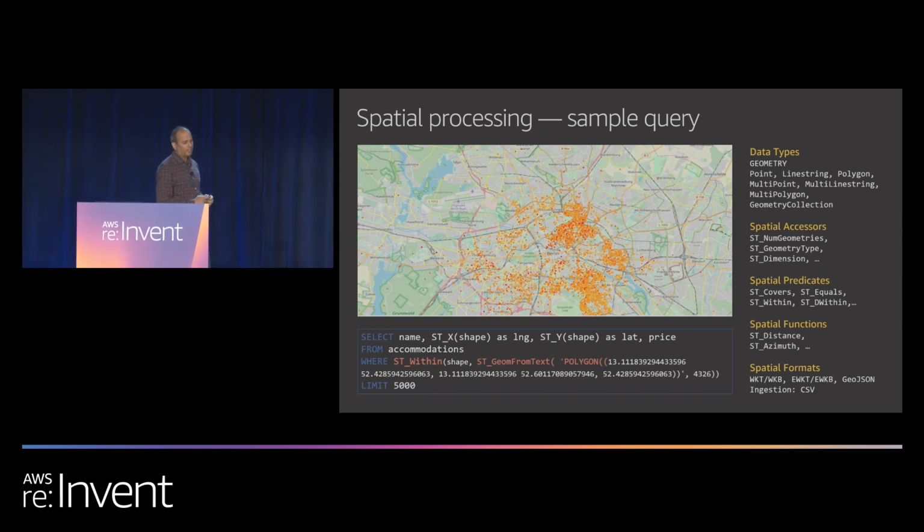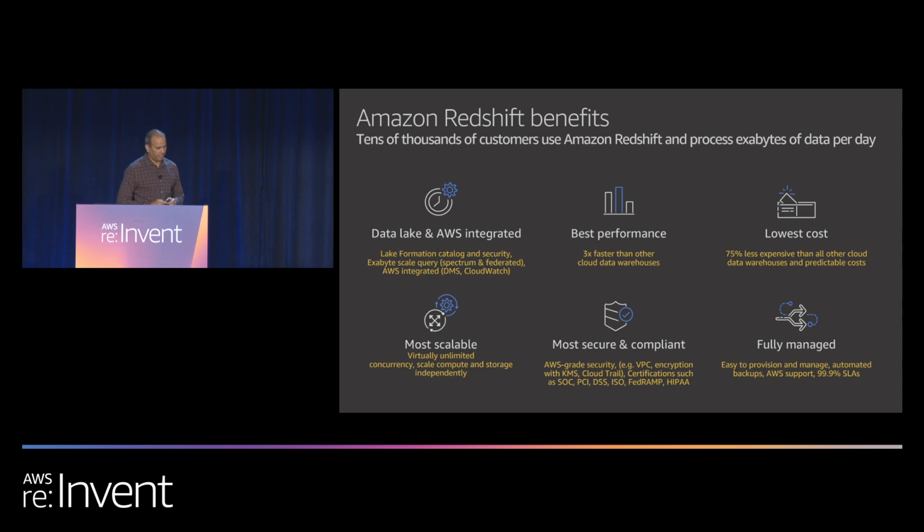So with that, let me try to summarize some of the benefits of Redshift. Redshift is the only cloud data warehouse that follows the lakehouse architecture. What I mean by lakehouse, you probably are already aware of it, is that you can combine your data lake and data warehouse together, and that's the architecture we see a lot of customers use. Redshift enables you to use that architecture and store data that you don't frequently access in a data lake at the lowest cost, and use your hotter data in your data warehouse.